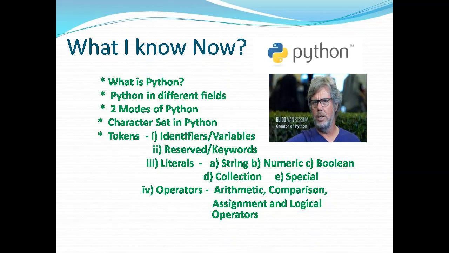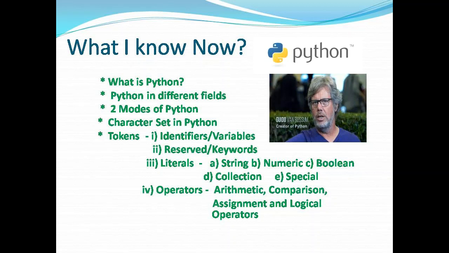Dear students, so far we have discussed what Python is and the fields Python is used in, two modes of Python such as interactive mode and script mode. Then coming into Python programming, first the character set in Python, then tokens. Tokens are of four types: identifiers or variables, reserved words or keywords, then literals.